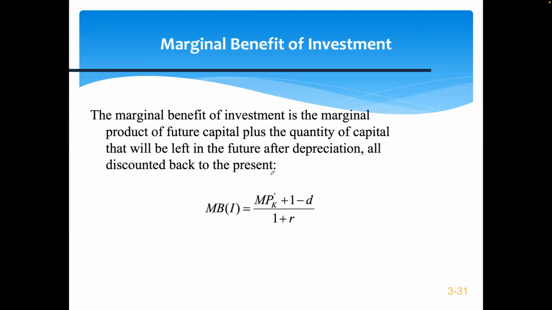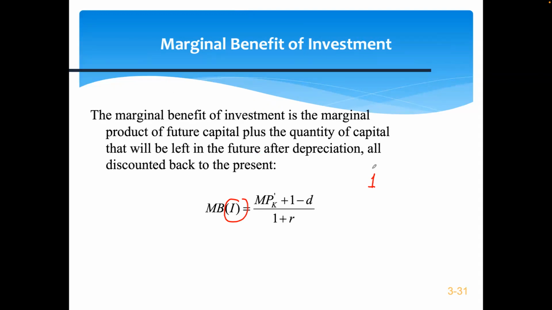Now let's look at the marginal benefit. You have 2 parts. First, each dollar or each unit of goods you invest is going to translate into 1 unit of physical capital in the next period.